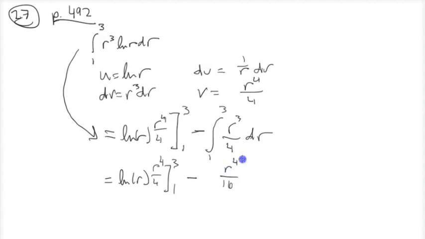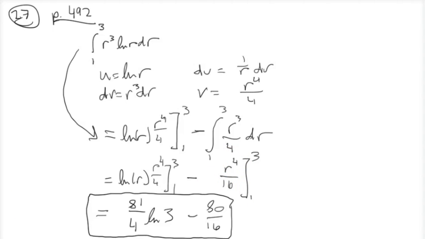So that's r to the 4th, evaluated between 1 and 3. And so now let's go to evaluate this integral. We'll plug in 3, subtract from where r is 1, and then we'll do the same for this integral as we always do. So we do the substitutions and all the algebra, we'll get 81/4 times the natural log of 3 minus 80 over 16. And I think you'll be able to do that algebra yourself.